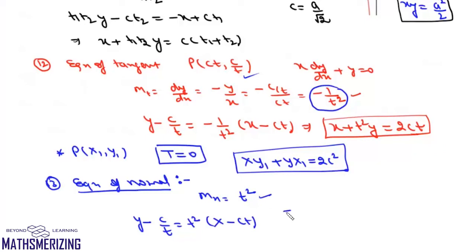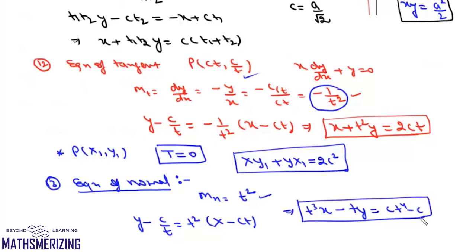So this equation will now be t cube x minus ty equals c t to the power 4 minus c. So the equation of normal for this rectangular hyperbola xy equals c square in terms of parameter t will be t cube x minus ty equals c t to the power 4 minus c.